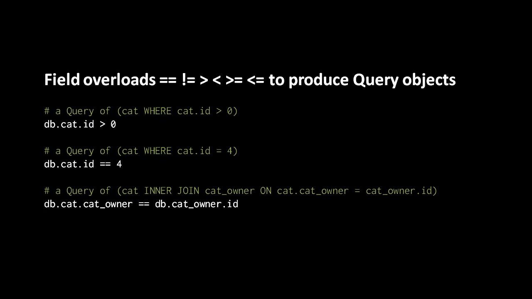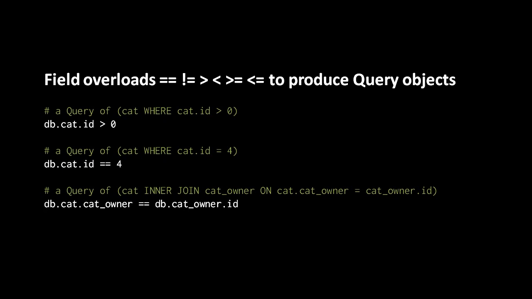What this expression evaluates to is an as yet unperformed select, delete, or update statement in which we are selecting the rows from cat where cat.id is greater than 0. So to be clear, this just creates an object representing the as yet unperformed select, update, or delete.